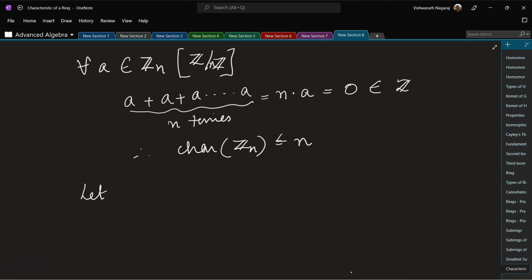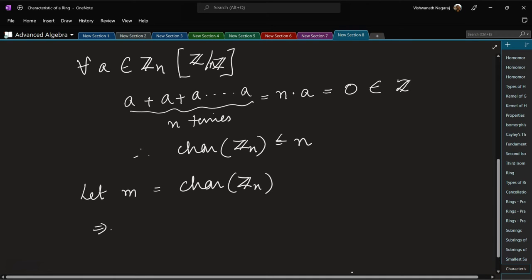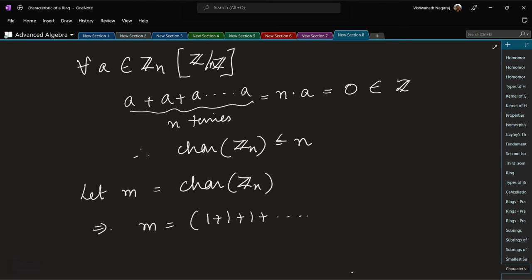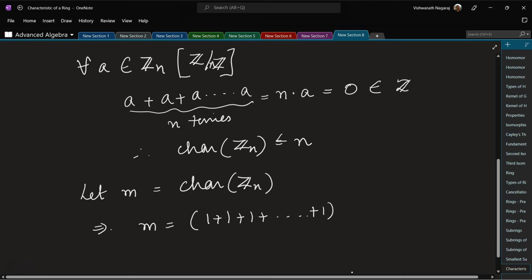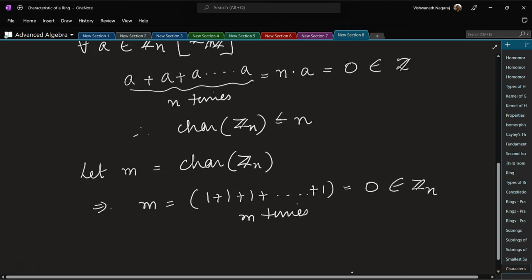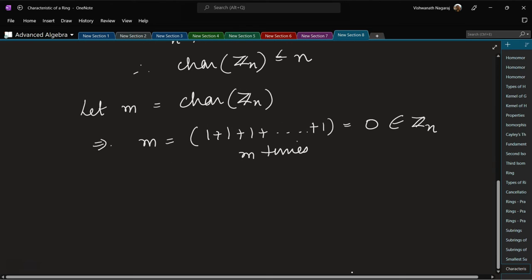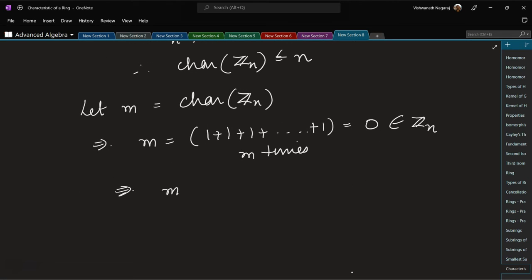To prove that, let m be the characteristic of Zn, which implies that m is equal to 1 plus 1 plus 1 plus and so on, because the additive identity always exists. If we take 1 and keep adding it to itself m number of times, we should get to 0, which belongs to Zn, right? Now in modular arithmetic, we write it as m is congruent to 0 mod n.